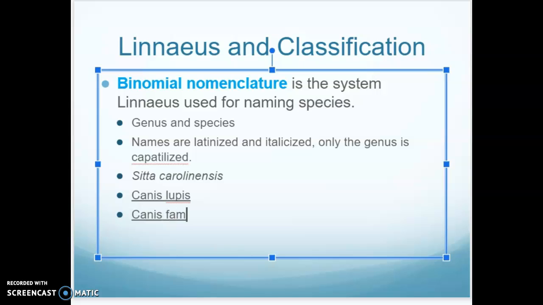Canis familiaris, that would be the proper way to write a dog. But if I'm typing it, I can use italics instead. Canis lupus, Canis familiaris. Okay? Genus is always capitalized, species is always lowercase.